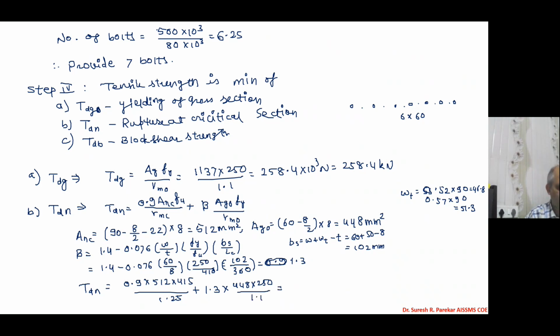If we calculate 0.9 into 512 into 410 divided by 1.25 plus 1.3 into 448 into 250 upon 1.1, it comes 238.51. So we have 238.51 kilonewton. This is second.